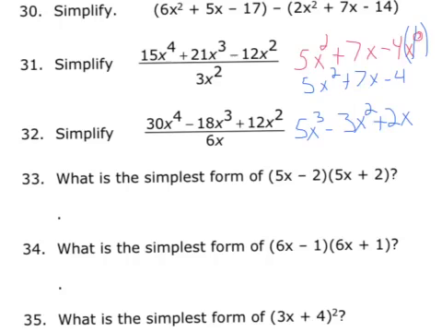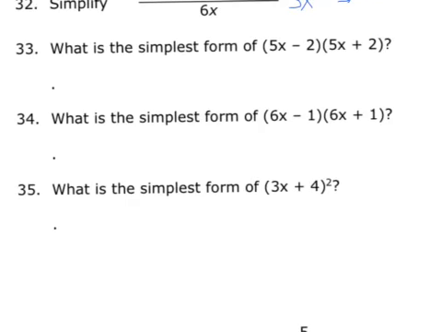Okay, 33. What is the simplest form of 5x minus 2 times 5x plus 2? Okay, to simplify this, we are going to distribute this binomial to this binomial. And when I say distribute, I mean to multiply. So we're going to take these two terms and multiply it by these two terms.